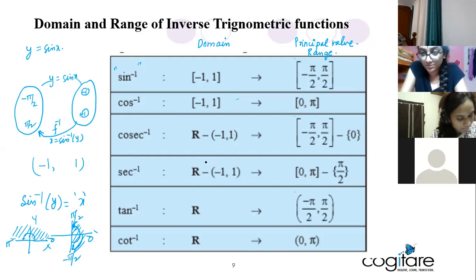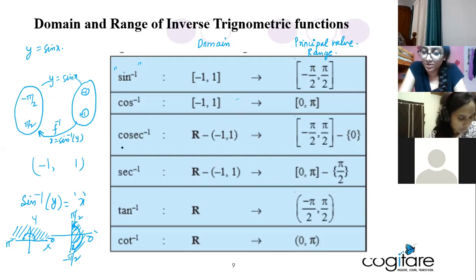And sine, tan and cosecant are all the same, but in cosecant you have to remove 0, because cosecant is 1 by sine. If you take 1 by 0, it is not defined. So in cosecant inverse, where y is equal to cosecant x, cosecant 0 is undefined because it is 1 by sine 0.